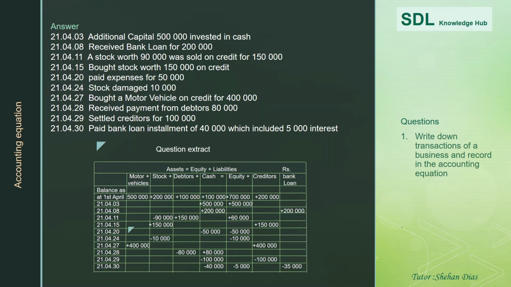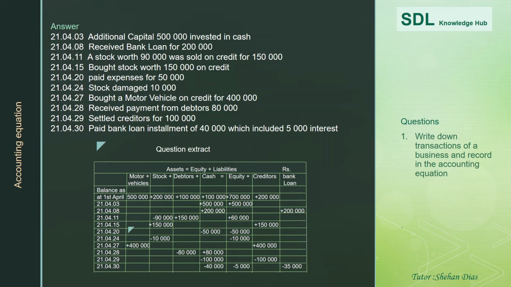Then we have three items: stock reduced by 90,000, debtors increased by 150,000, and equity increased by 60,000. So this is regarding a sale on credit, because debtors have increased.